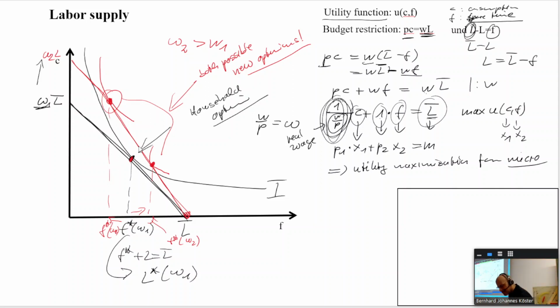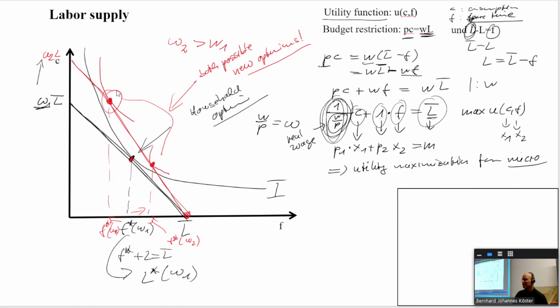Well, and the other one, this is what we maybe at first would expect. This is just if I get more money per hour, then I start to increase my working time. Because why?